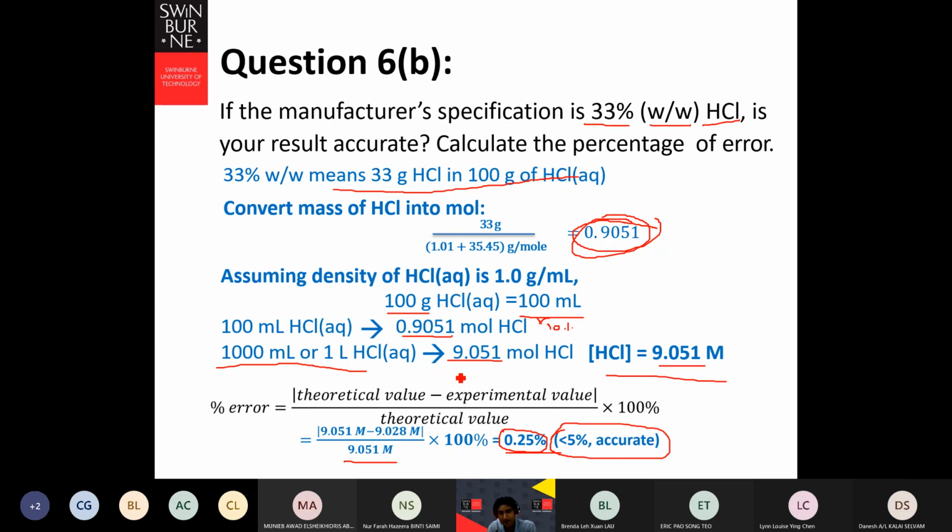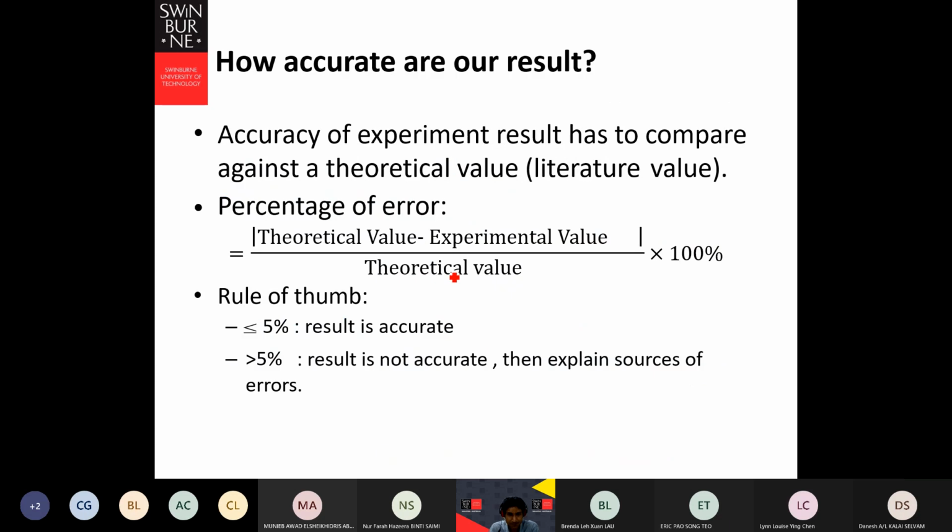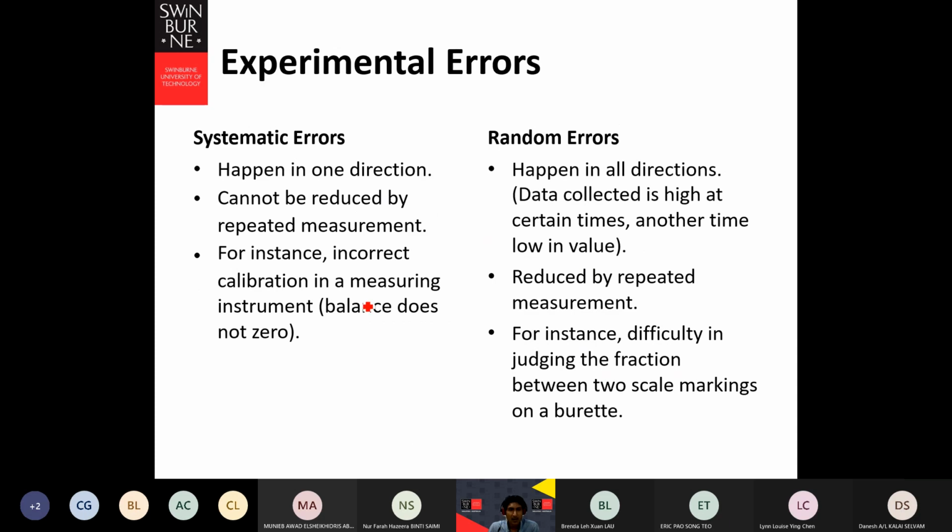So if the accuracy or the percentage difference is less than 0.5%, then it will be accurate. Okay, so this is how we say.